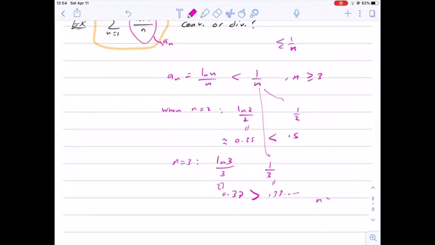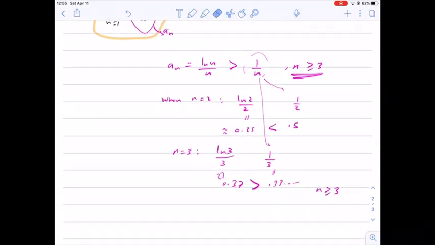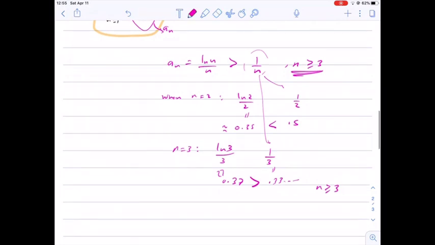We can test some terms greater than or equal to 3 and we find that natural log of n over n is greater than 1 over n for all n greater than or equal to 3. Okay, so that's what we need actually.